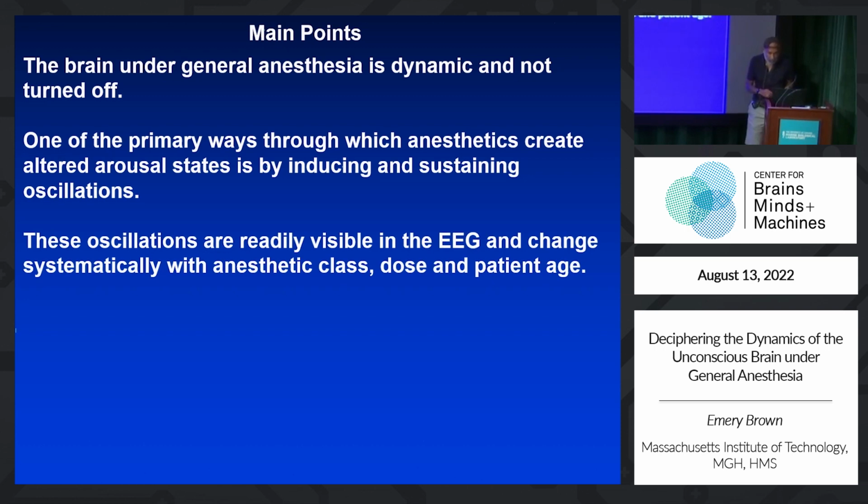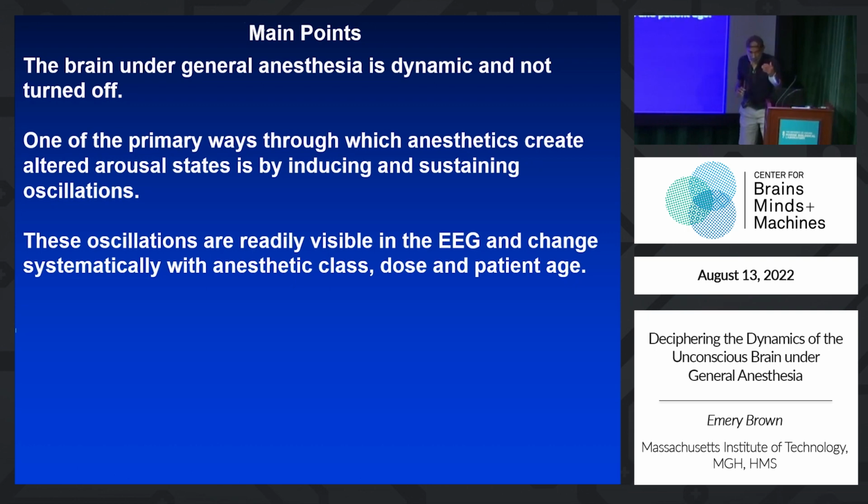And so the good thing is these are very strong signals. They're not weak at all. You don't have to squint to see them. And they change very systematically with the drug class, the dose of the drug, and patient age. And I won't show you this, but also it changes very, very dramatically with health. So if you have a young person who's in their 20s or 30s and has COVID, you'll see just slow oscillations.